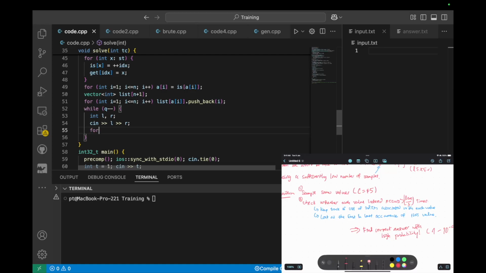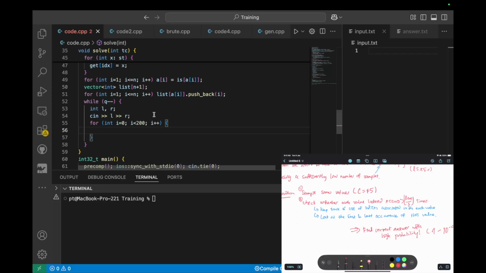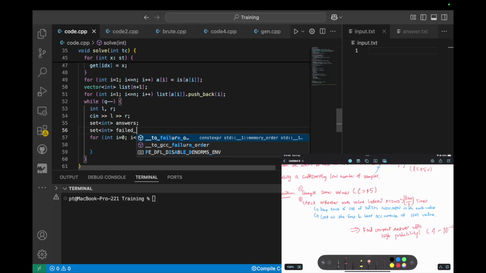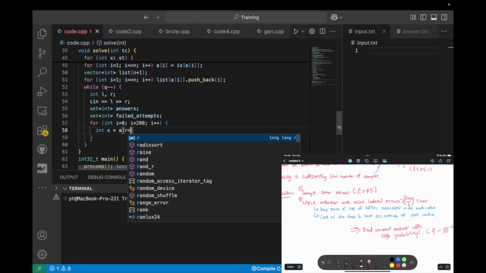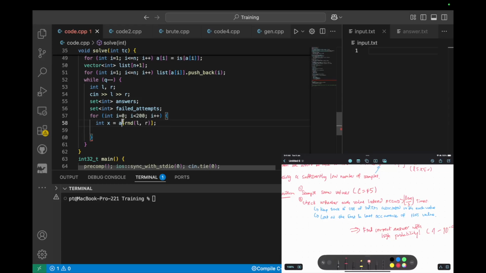So maybe we would limit the number of total tries to 200. And then, of course, we maintain a set of answers and maybe failed attempts. Here we are going to sample an integer from L to R and then take a of that, so the random index. So x would be the value that we want to try.